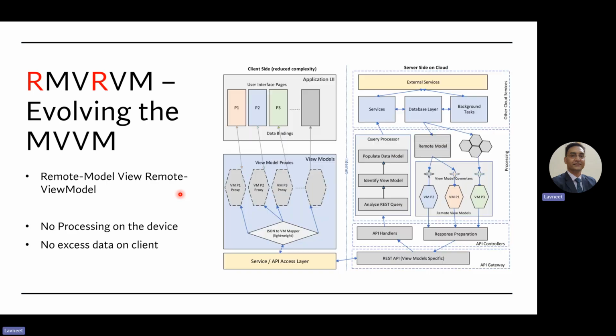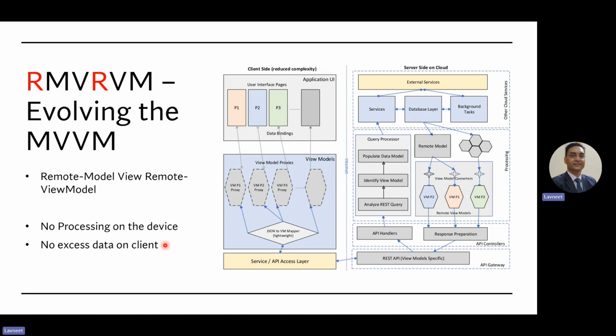So our new approach called RMVRVM, remote model view, remote view model, is an evolution of the MVVM approach. In this approach, our goal is that there should be no processing of data on the client side, and there should be no excess data on the client side which is not useful.